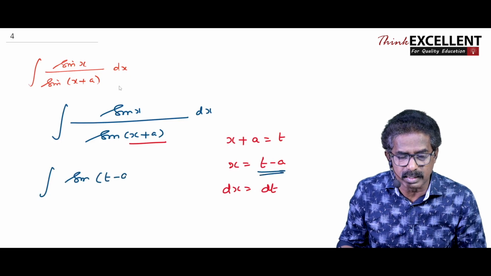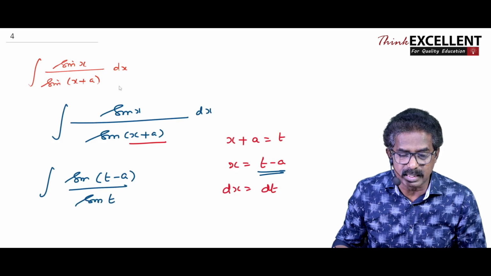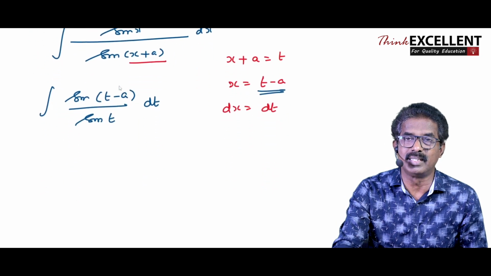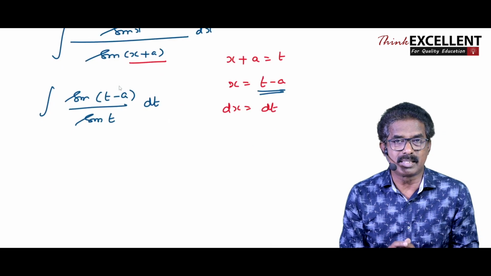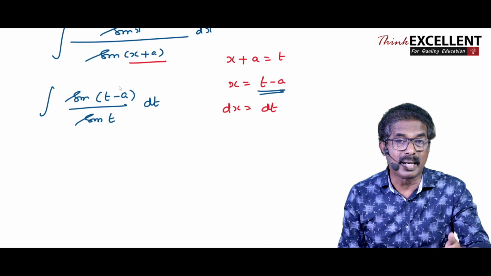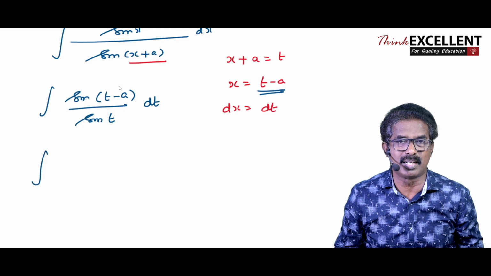Sin of t minus a by sin x plus a. x plus a we have taken as t, into dx, dx is dt. Now you need a trigonometric identity. Sin a minus b. What is sin a minus b? Sin a cos b minus cos a sin b. So if you don't know the identity, you cannot write the next step. Okay.